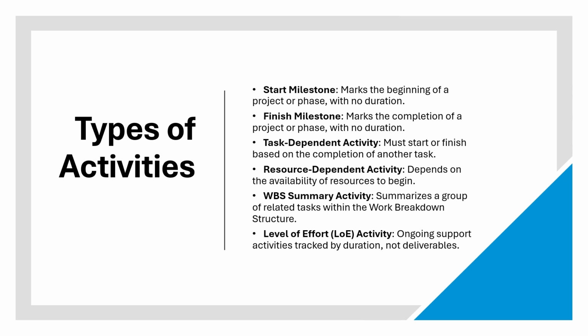Then we have WBS summary activity. It summarizes your relevant tasks within the work breakdown structure. Then this work package will take this much time and this many resources. Then we have level of effort activity. It basically supports your activities.